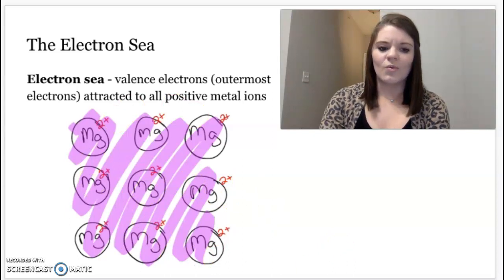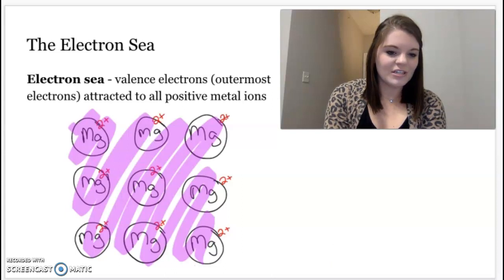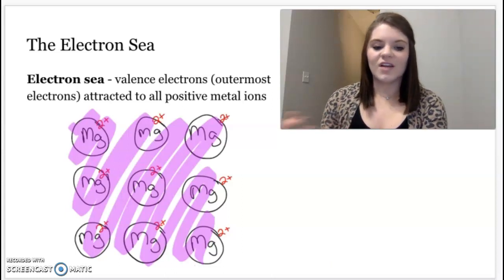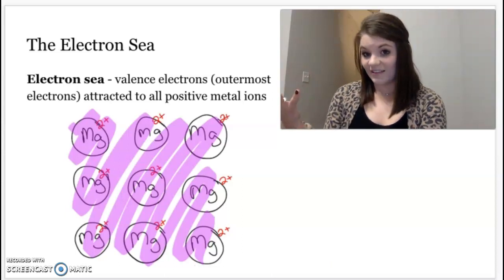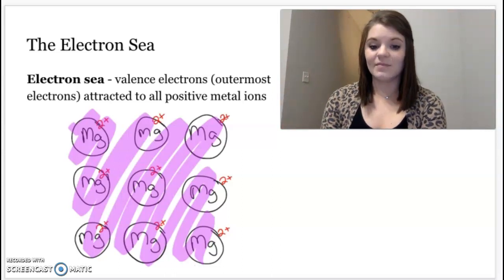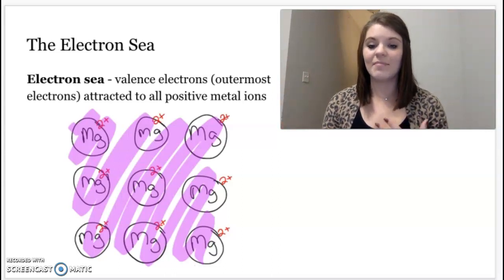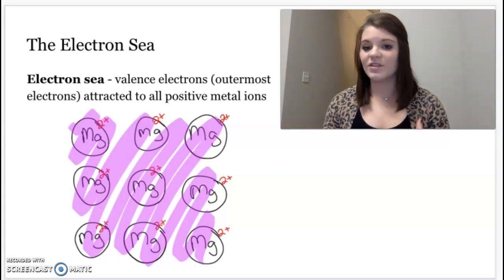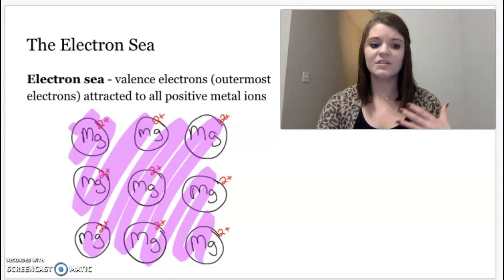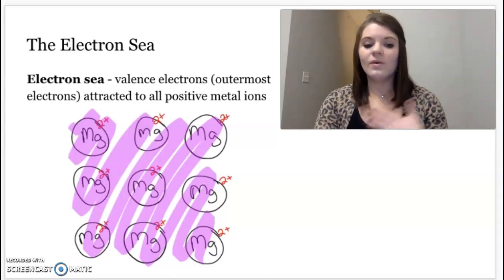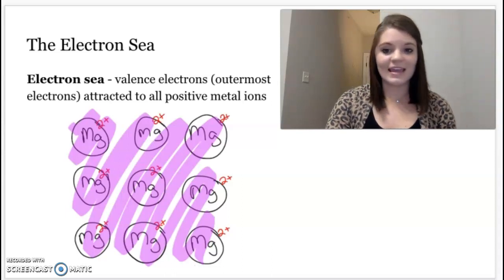So where's the positive-negative attraction? Well, the electrons that are lost from the outer or valence shell of the magnesium are being attracted to the remaining positive magnesium ions. And remember, an ion is an atom with a charge. So all bonding always comes back to positive and negative attractions.